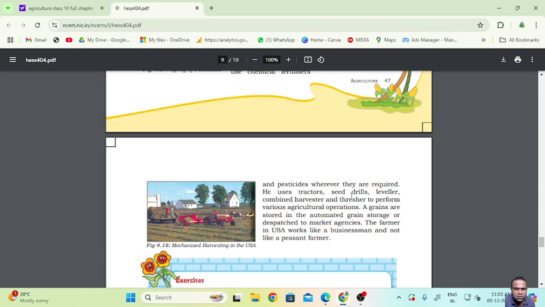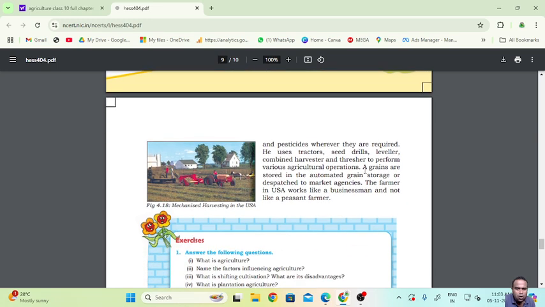He uses tractors, seed drills, levelers, combine harvesters and threshers to perform various agricultural operations. Grains are stored in automated grain storage or dispatched to market agencies. The farmer in USA works like a businessman and not like a peasant farmer.